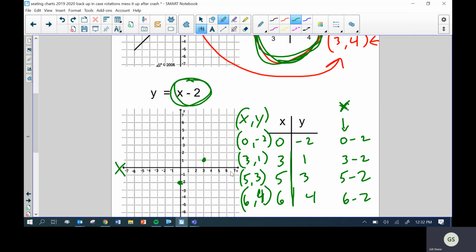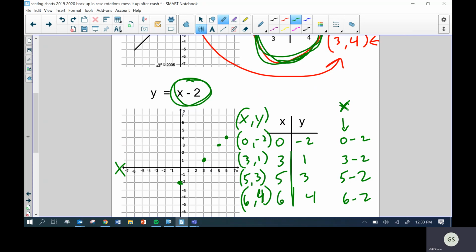Well, I go all the way to the right to get to the 5, and then I go up to positive 3, which would put me right there. And then last, I have 6, comma, 4, so I go all the way to positive 6 on the x-axis. That's positive 6. And then I would go up to 4, which would be right there.